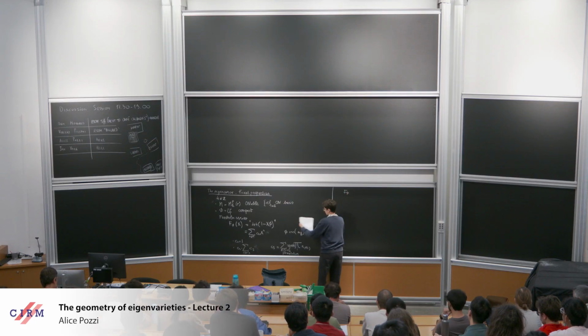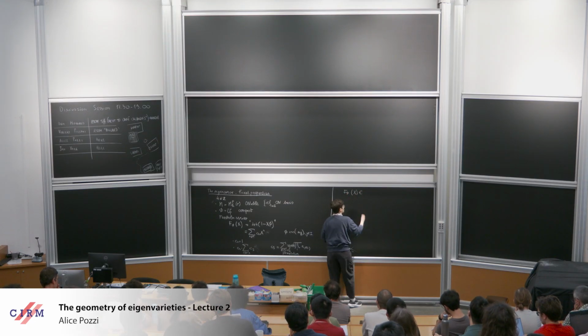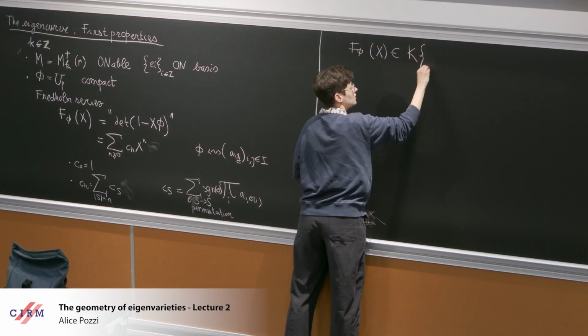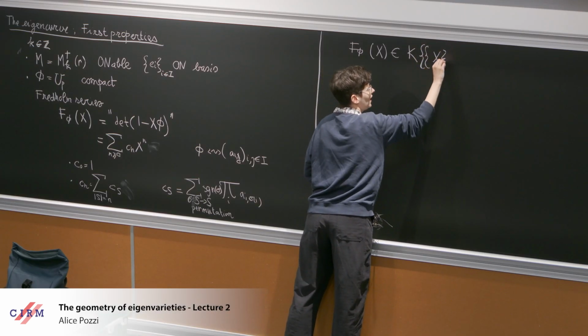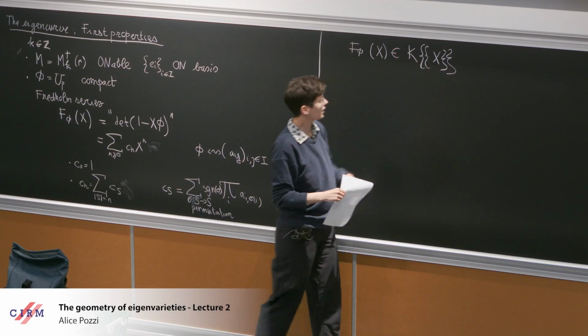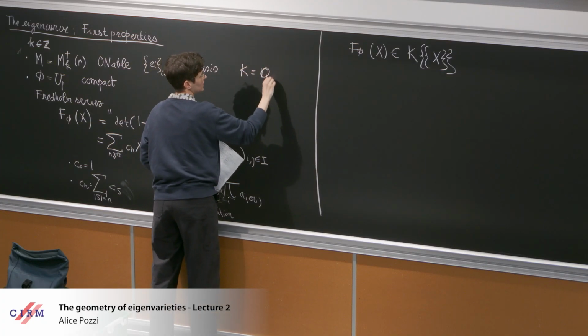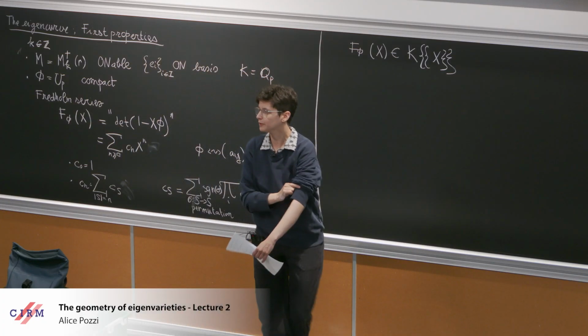Moreover, this is actually quite a nice series because another consequence of the compactness is that this lies in K double curly bracket X, which is the ring of functions on A1. What is K? K is Q_p in my setup, the base field.